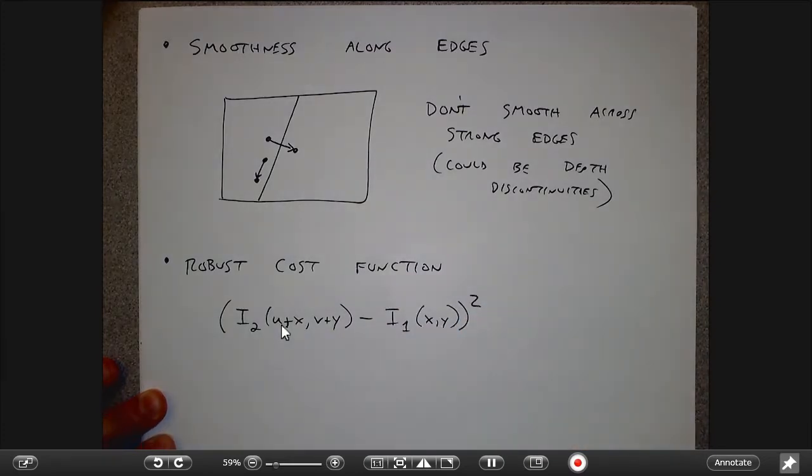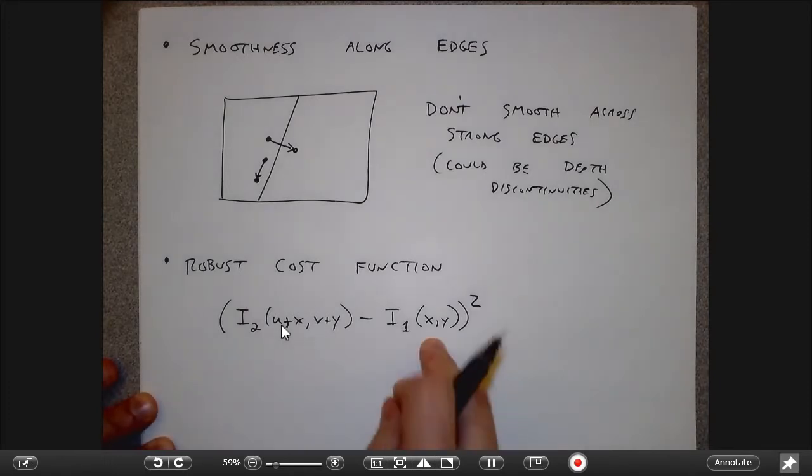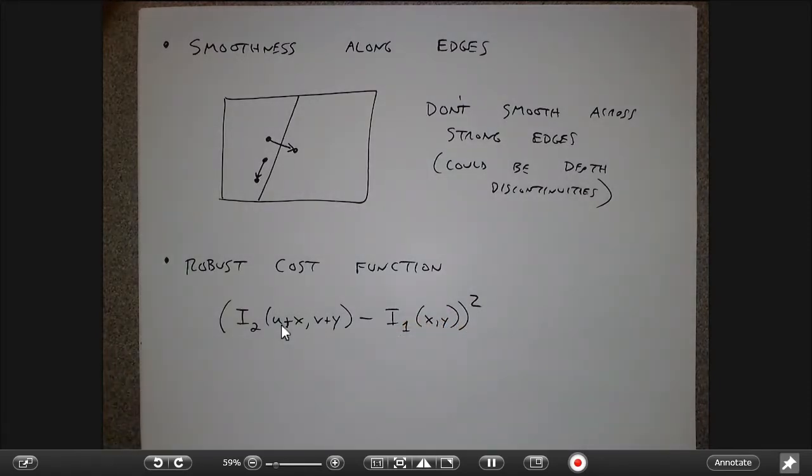And I'm squaring it, right? So this is basically saying, okay, when I have a very large error, if I square that number, I get a huge number, right? And that can really contribute a lot to my cost, right?